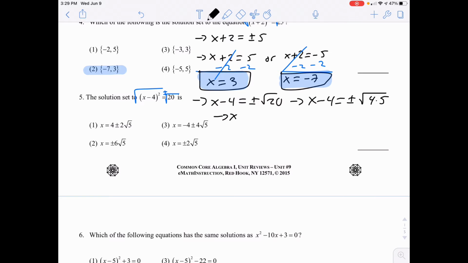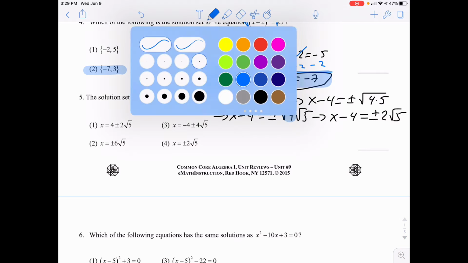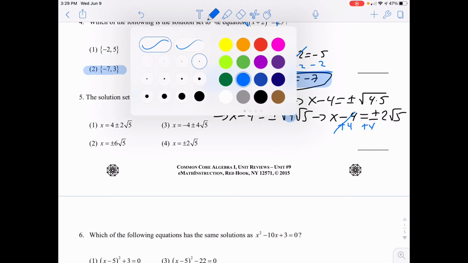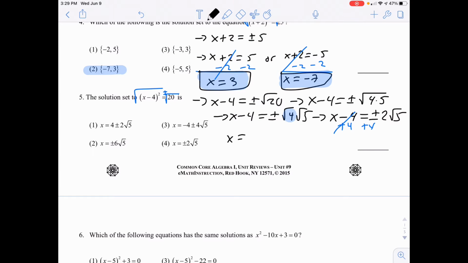We can split that up. X minus 4 equals plus or minus square root of 4 times square root of 5, which in this case you need to take the square root of 4. So x minus 4 is equal to plus or minus 2 radical 5. Your last step would be to add 4 to both sides, and that gets x by itself. So x equals 4 plus or minus 2 radical 5.